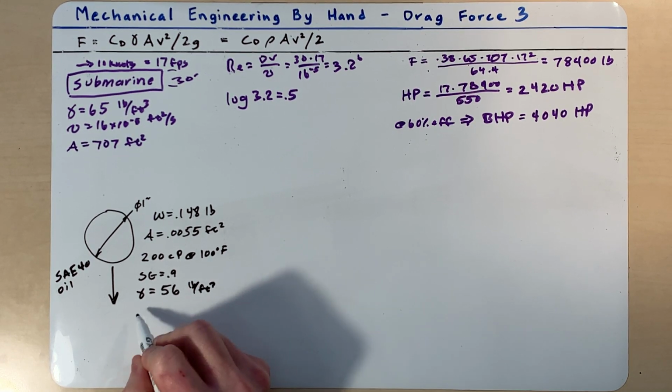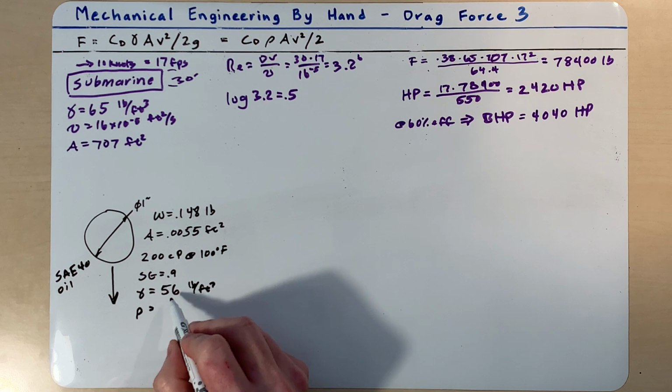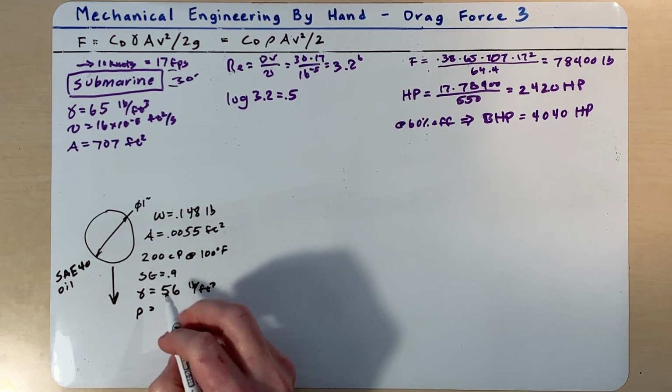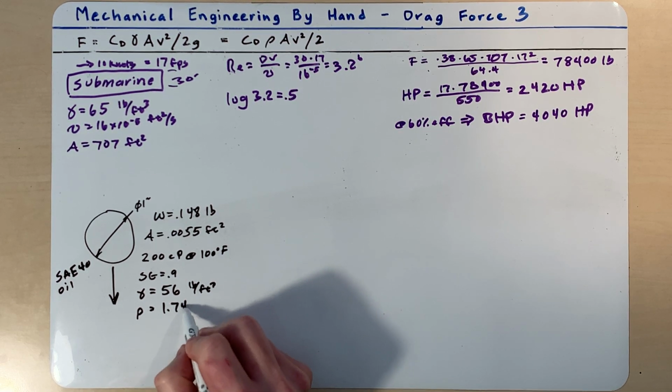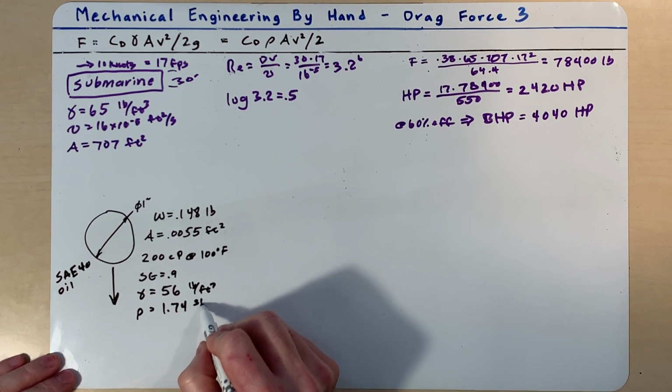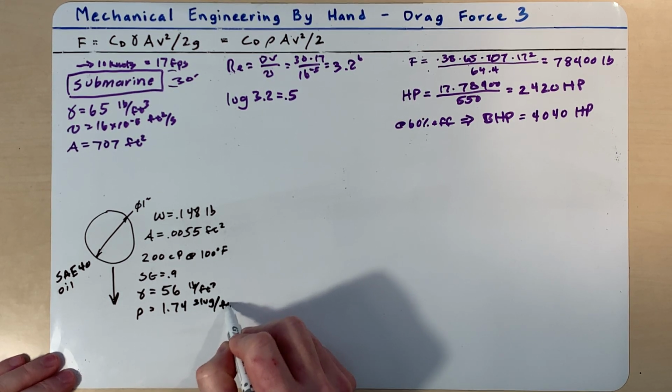And then I'll need density for this, so 56 divided by 32.2 is 1.74 slugs per foot cubed.